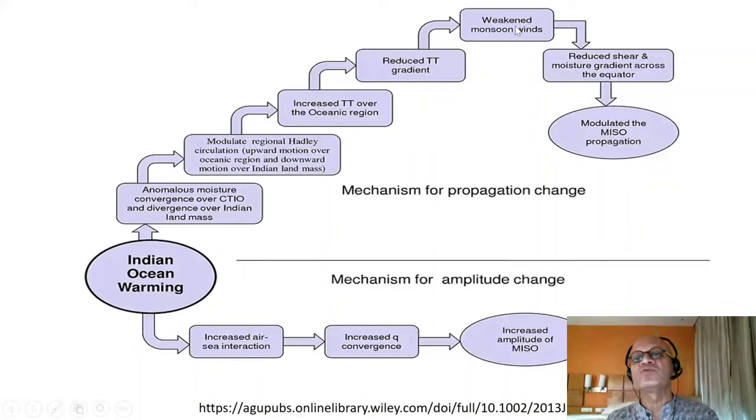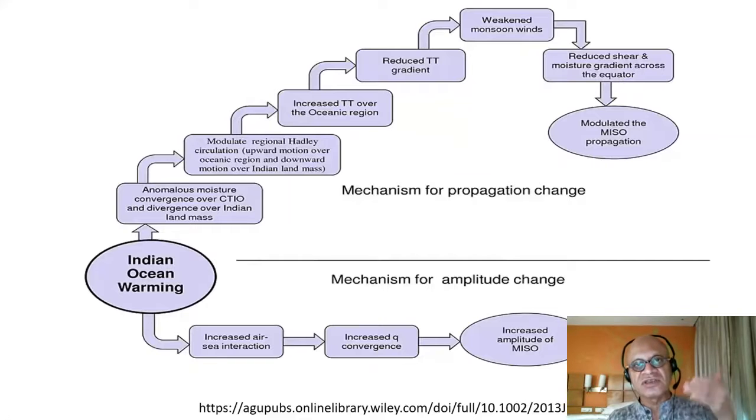So weakened monsoon winds then lead to reduced easterly shear and moisture gradient across the equator. You can think of it in terms of the thermal gradient and the thermal wind. So the land-ocean gradient should also drive a thermal wind shear, which is what this reduced shear and moisture gradient across the equator is.